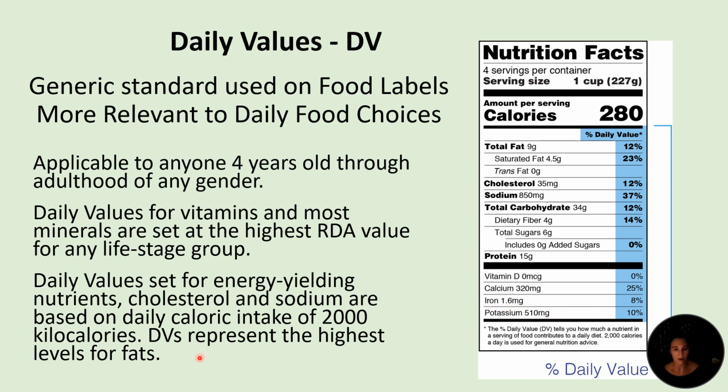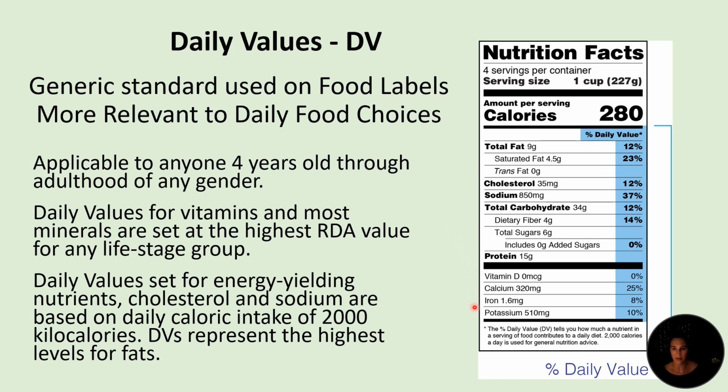Okay, and then for our energy-yielding nutrients, our fats, carbohydrates, and proteins, and for cholesterol and sodium, these are based on a caloric intake of 2,000 kilocalories. So our daily values represent the highest levels for fat. For example, when we see the DV for fat, that's setting the highest level, so we know that we don't want to go over that.